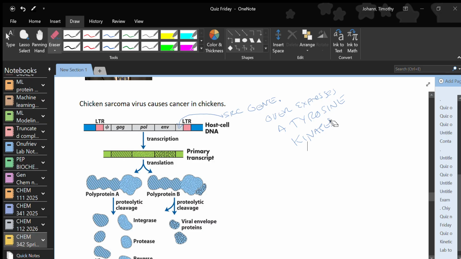That signals cells to continue through the cell cycle when they normally wouldn't. So they're going to phosphorylate things.